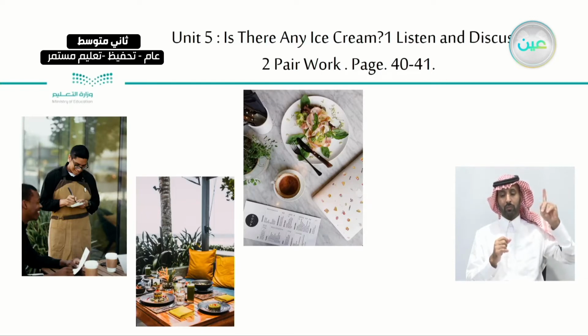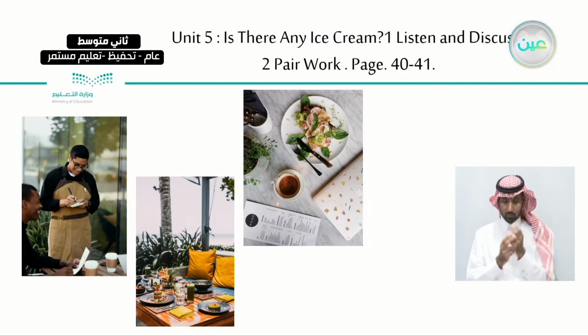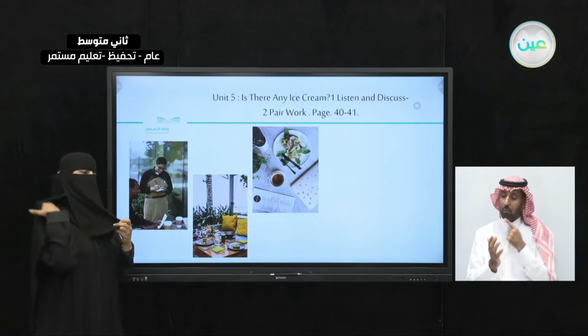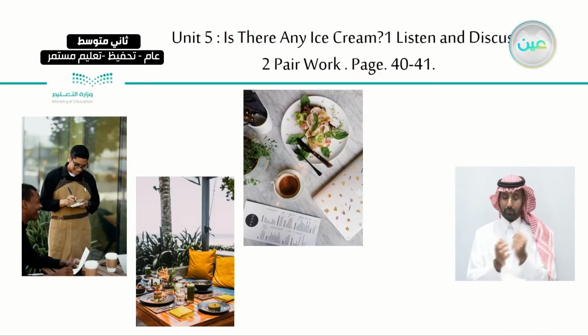Now, let's start here. I want you to take a look at these 3 pictures. Let's see what are the things in these pictures. So in the first picture, you can see a waiter taking orders. So how did you know that this is a waiter and he's taking orders? Look at the environment. Look at the things around this waiter.